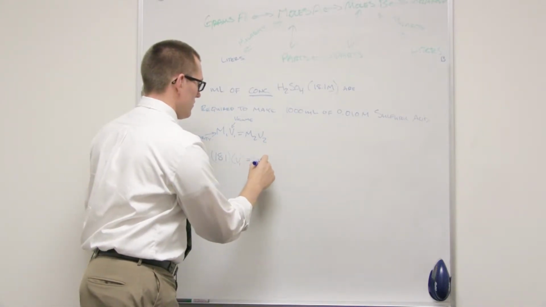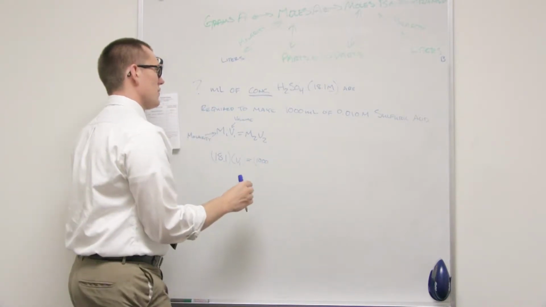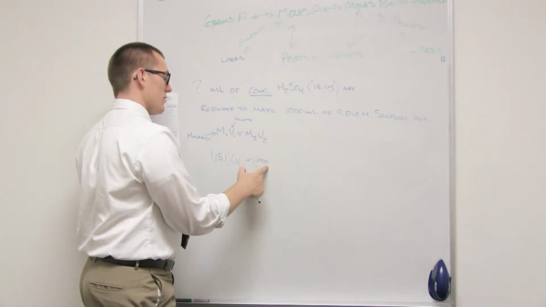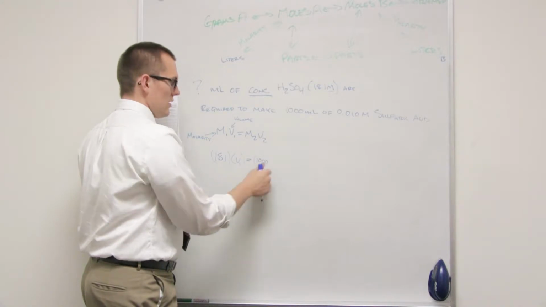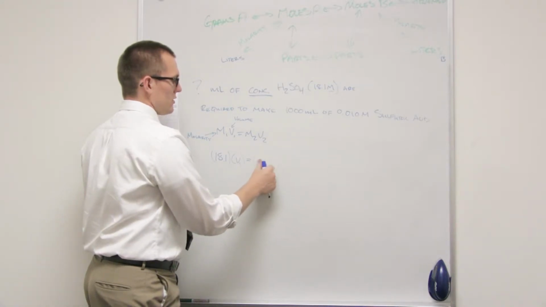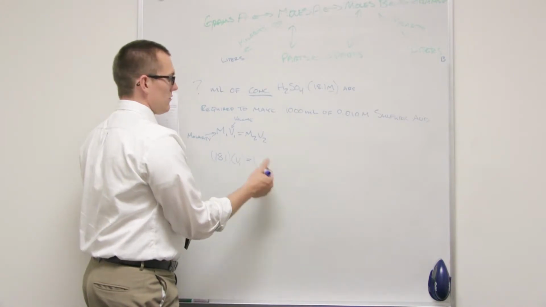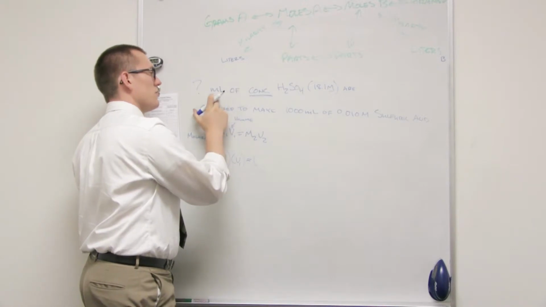So 1,000. Sometimes it's easier to do this in milliliters, because then the answer will give you milliliters. Since molarity is in liters, we could simplify this to 1 liter, but we're looking for our answer in milliliters.